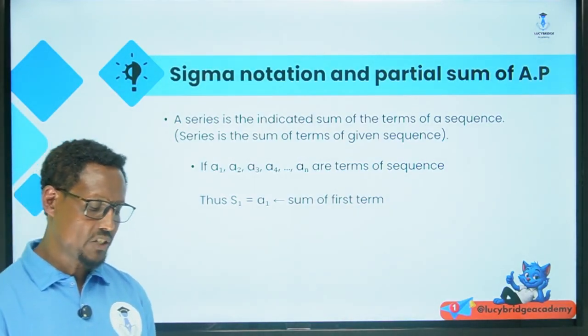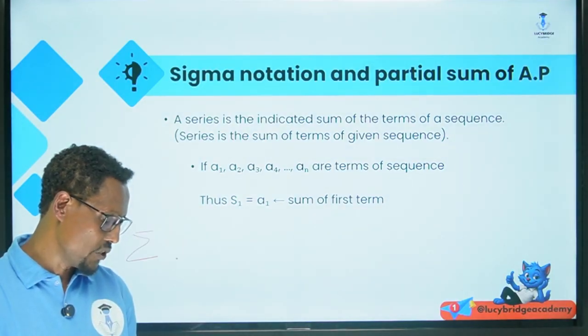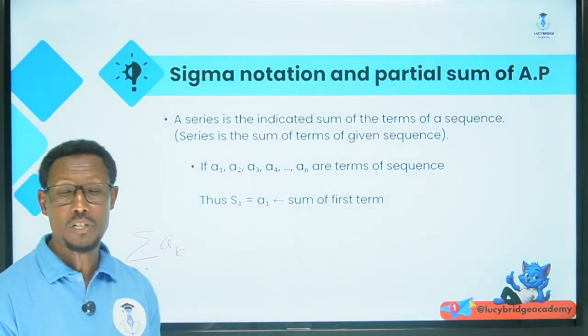Sigma notation and partial sum of an arithmetic progression, okay? Look, sigma notation, summation of AK where AK is an arithmetic sequence.